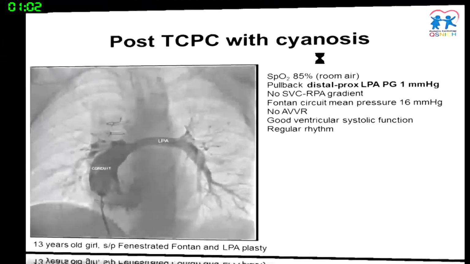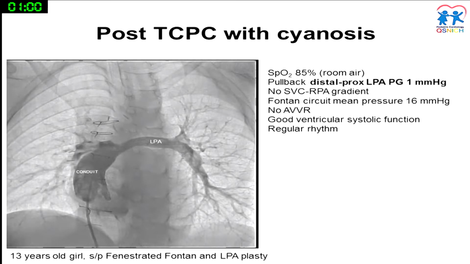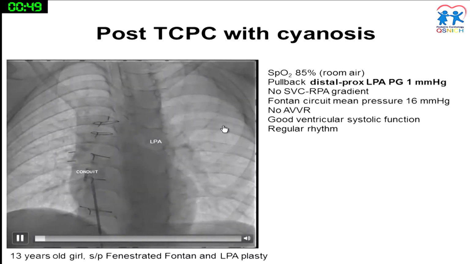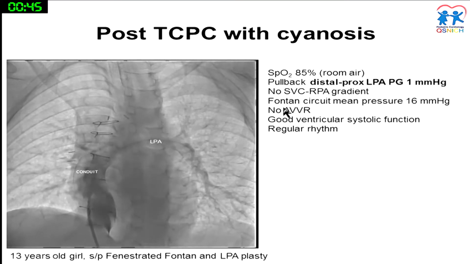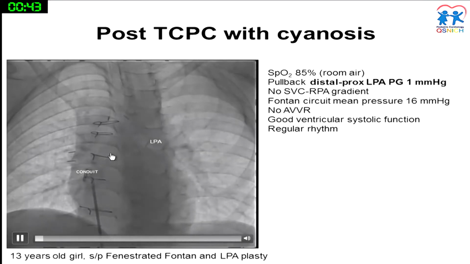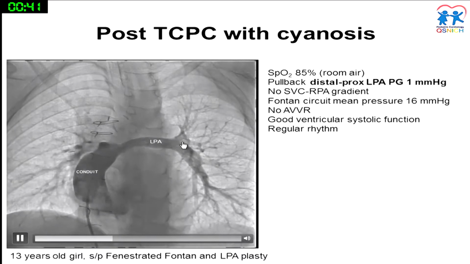So it doesn't mean that we don't need surgery, but we're trying to work together and think about the best option for this particular patient. And this is a post-TCPC patient, just to show you that in this patient, the saturation is 85 because there's a fenestration, but it looks a little bit hypoplastic on the left side.